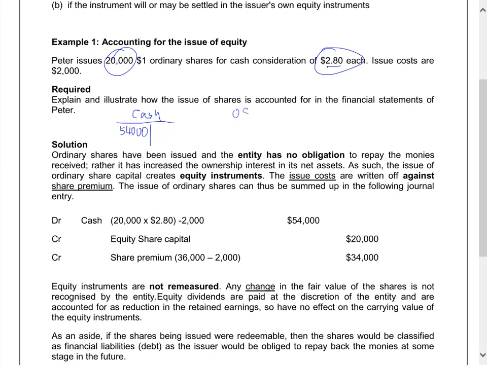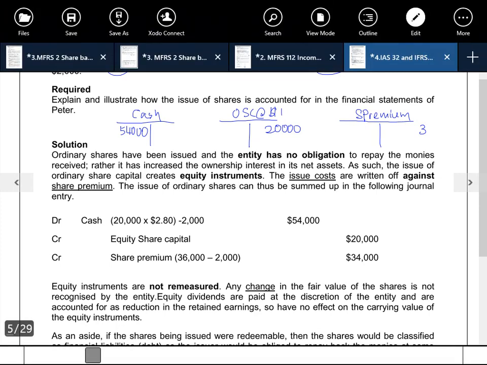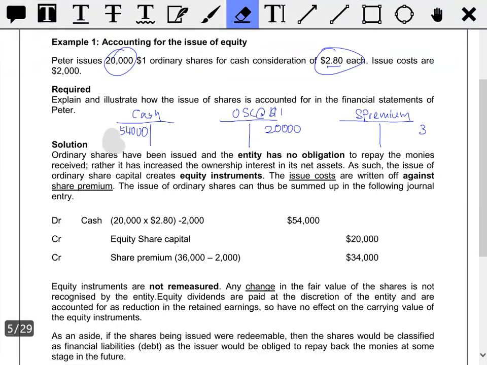Where do I credit? My share capital par value is $1, so 20,000 at $1. Credit 20,000. Credit share premium. Okay, 56, all right. Sorry, debit 56.